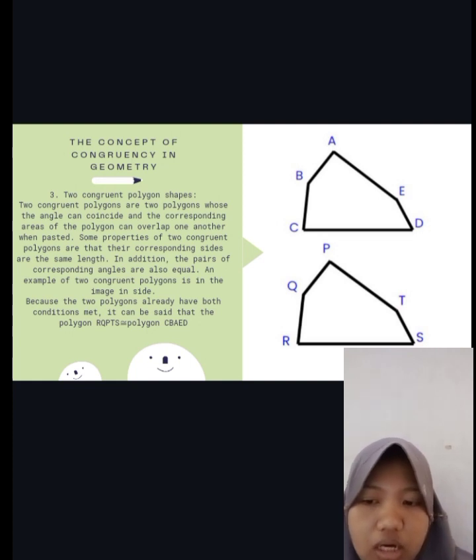In addition, the pairs of corresponding angles are also equal. An example of two congruent polygons is in the image beside. Because the two polygons have both conditions met, it can be said that polygon RQPT is congruent with polygon CBAED.